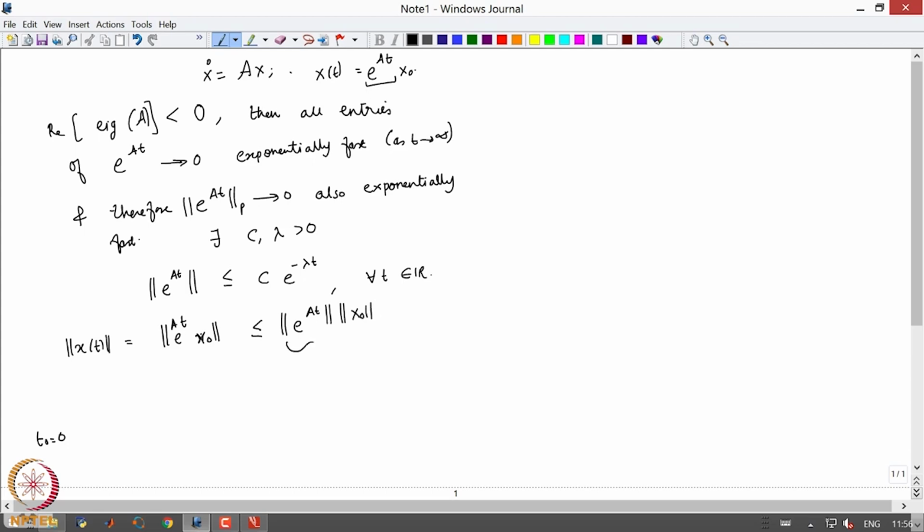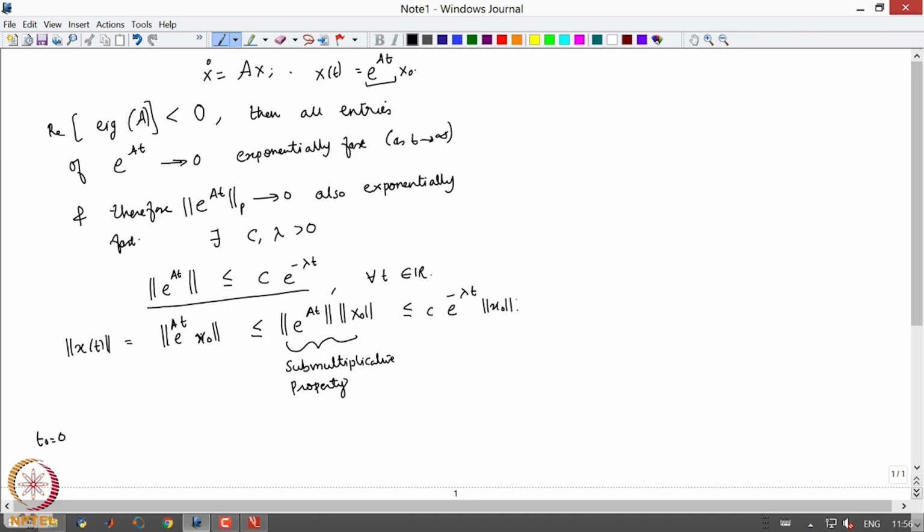Here I am using the submultiplicative property of matrix norms. And now with this expression, I know that this is at most c e power minus lambda t times the norm of x 0.